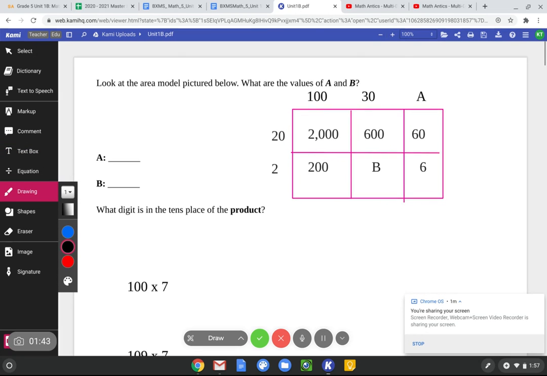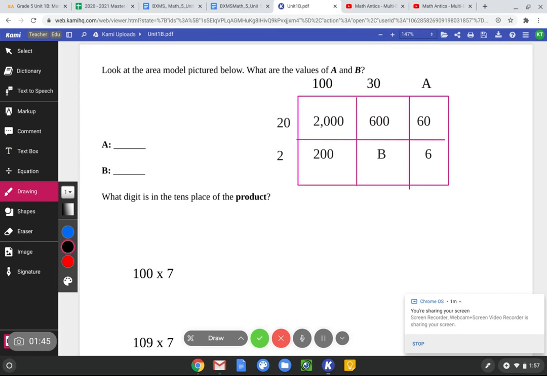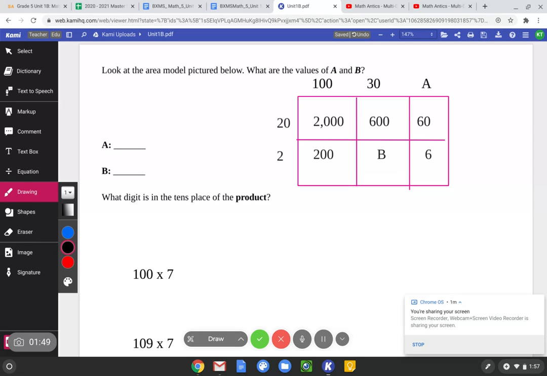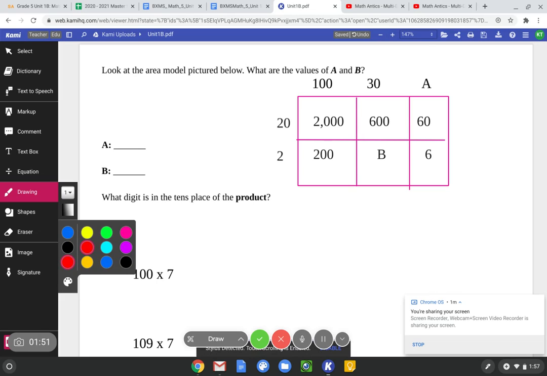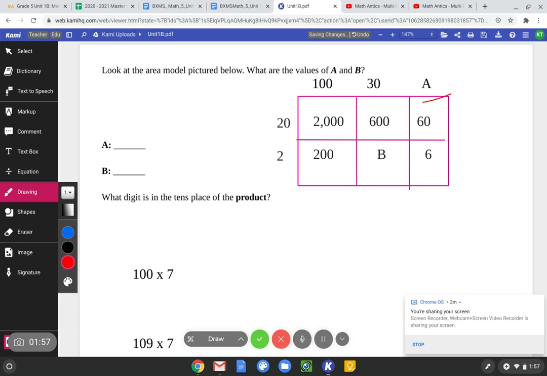Look at the area model picture below. What are the values of A and B? Okay, well, let's find A and B. We have A right here and B right there. Take a few moments to try and figure out what you think A and B would be. With an array model, we know you multiply this with this, or this with this.